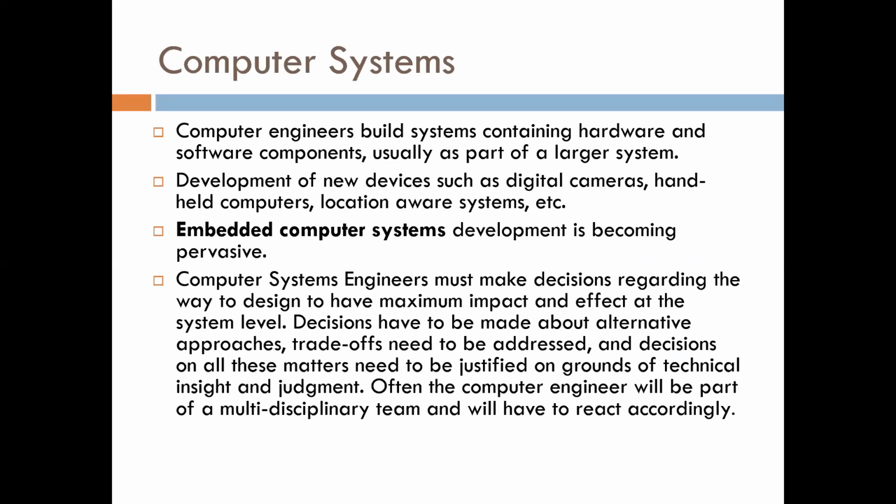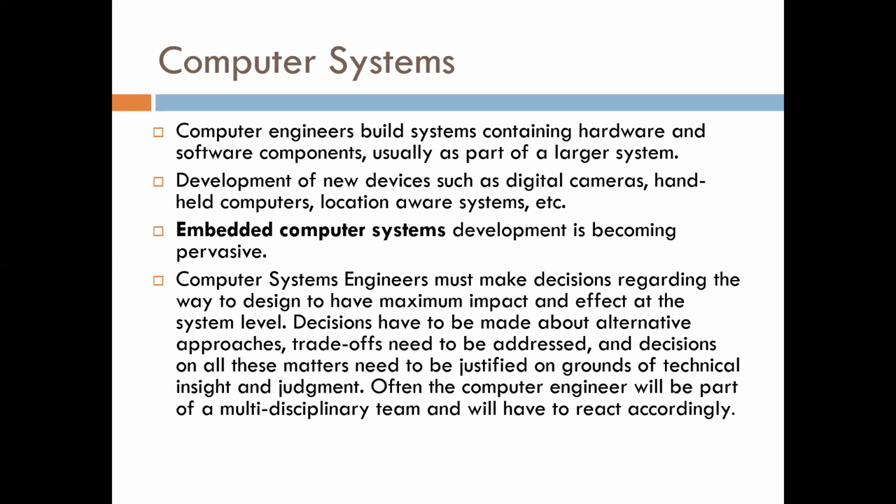So you can start researching those types of components. Now, embedded computer systems are also becoming quite pervasive. We'll get an insight into embedded systems in the next semester for ECNG 2006, the Introduction to Microprocessors course.